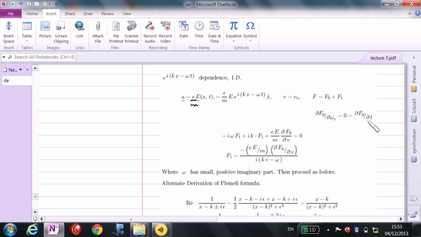and F1 is a function of space and time. See that F0 is a function of the velocity. All of them are functions of velocity. So I can write F naught as a function of velocity. F1 is a function of velocity, space, and time.